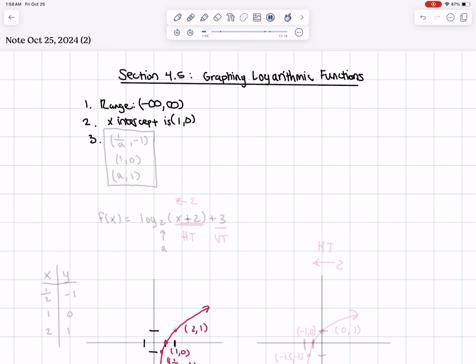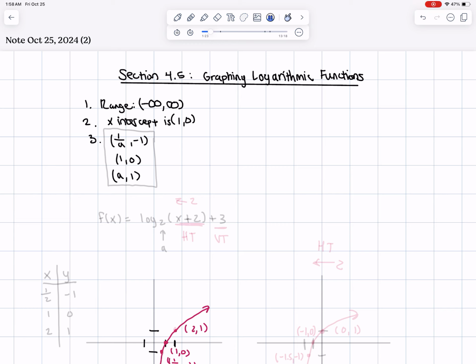So our first point will be this. Our second point will be this. And our third point will be this. So this is what we'll use when we're setting up for the toolkit function.